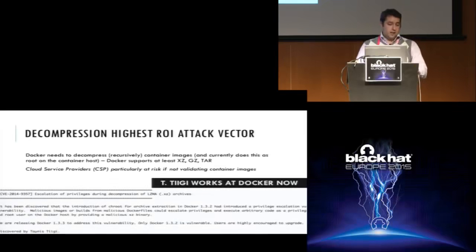Because the Docker daemon is running as root and everything goes through this daemon, if you were to compromise the daemon, you have root on the container host. You've effectively compromised not only the container host itself, but all of the containers because of just how namespaces work. And that actually was done on XZ. I don't know how many people have looked at compression algorithms before.